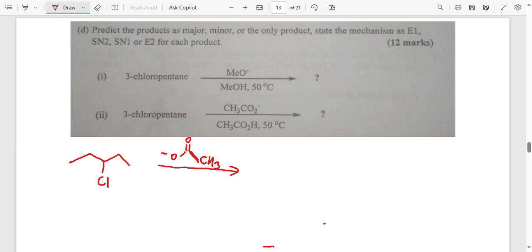A bulky base? Okay. Thank you. Is there any other suggestion? Any other suggestion?